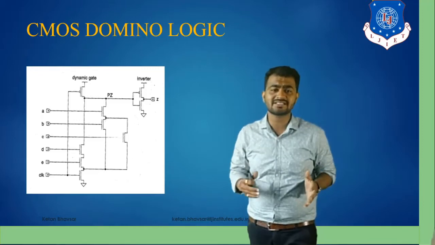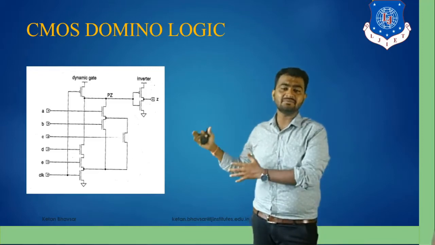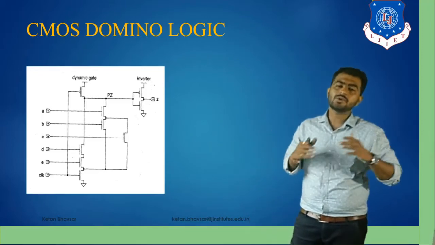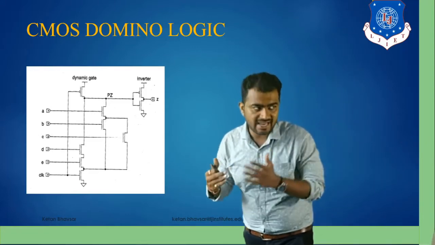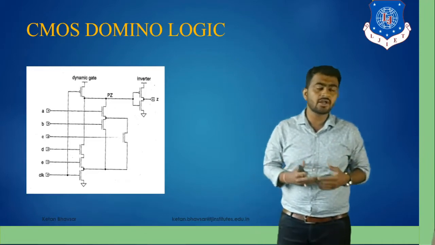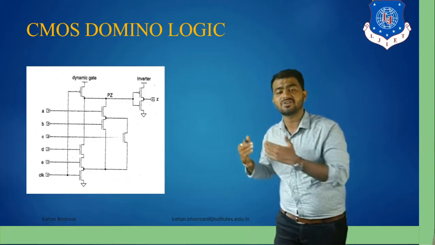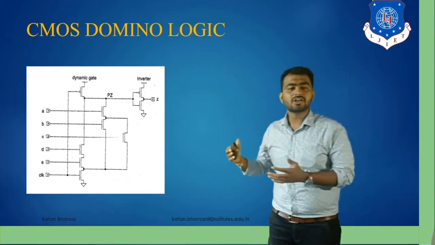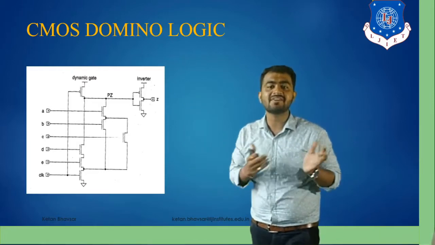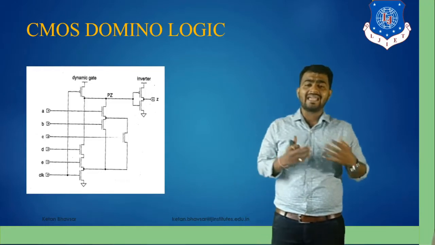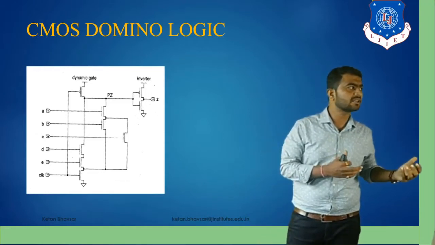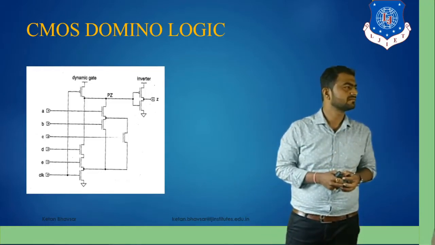The domino logic circuit comes with an inbuilt inverter, so you can directly get the output. You can directly design the AND gate, the OR gate, or any type of logic.